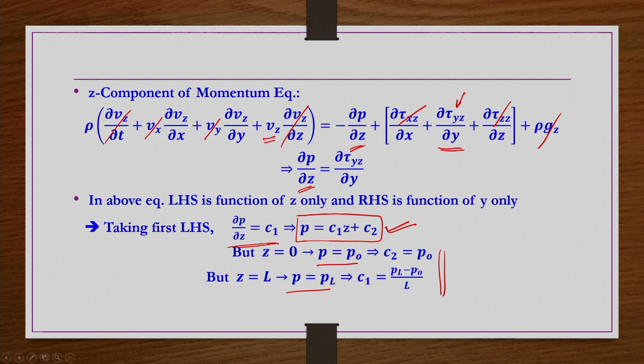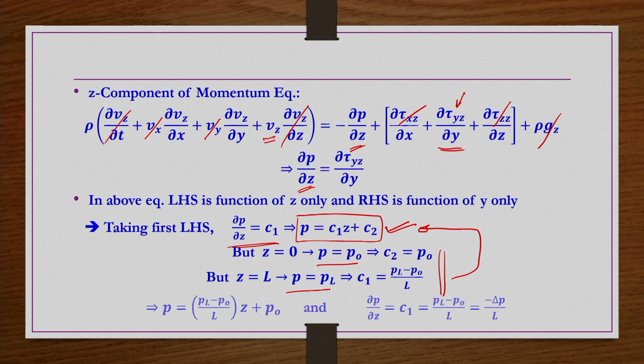Substituting C1 and C2 back, P is equal to minus P naught minus PL by L times z plus P naught. Or dou p by dou z is nothing but C1, that is minus P naught minus PL by L, that is minus delta P by L. So, dou p by dou z is a constant, minus delta P by L.